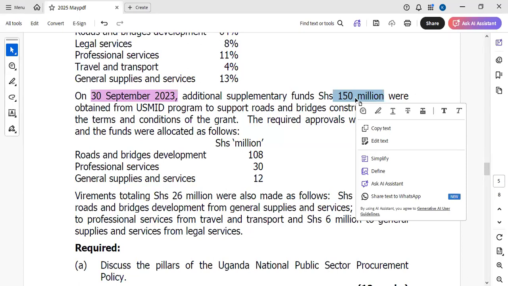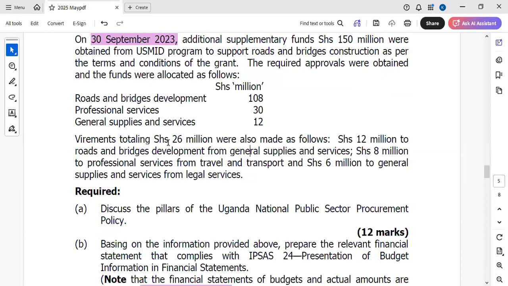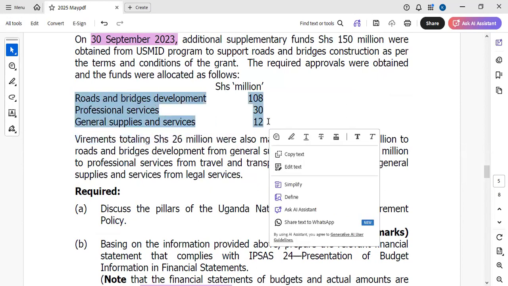Yes. 150. Okay. So it means that still you need to adjust your expenditure items.